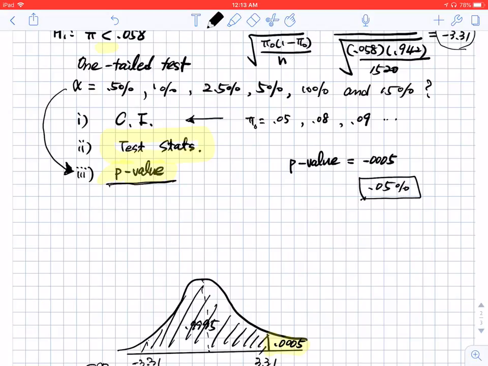The smaller the p-value, the more significant the case. So can we reject? Yes. 15% is way bigger than 0.05%. You go all the way down, even to 0.5%, and 0.05% is still less than 0.5%. So for all these alpha levels, we can reject.